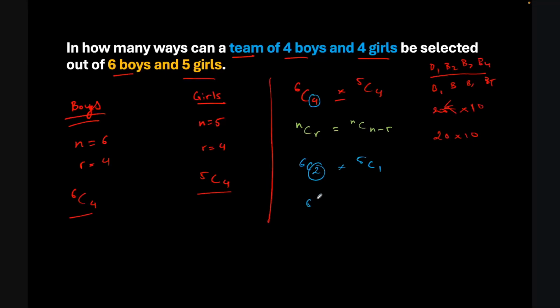So 6 factorial by 2 factorial times 4 factorial, times 5 factorial by 1 times 4 factorial. 5 factorial by 4 factorial is basically 5. This is 6 times 5, which is 30. 30 divided by 2 is 15. So I have a total of 75 selections. In 75 ways, a team can be made.